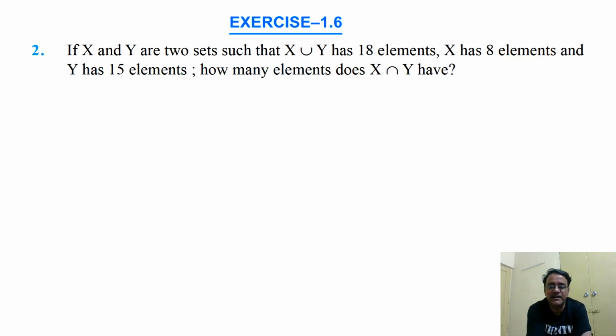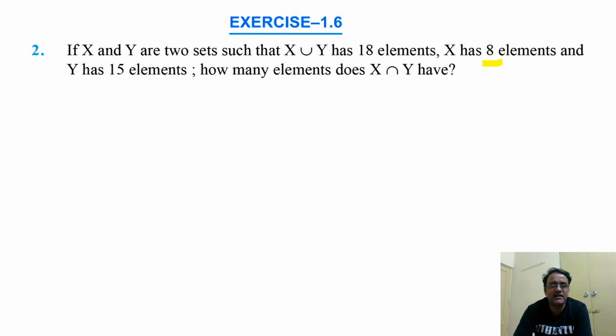If x and y are two sets such that x union y has 18 elements, that is n of x union y is equal to 18, and x has 8 elements and y has 15 elements. Okay, so what is given? n of x is equal to 8 because here it is given that there are 8 elements.